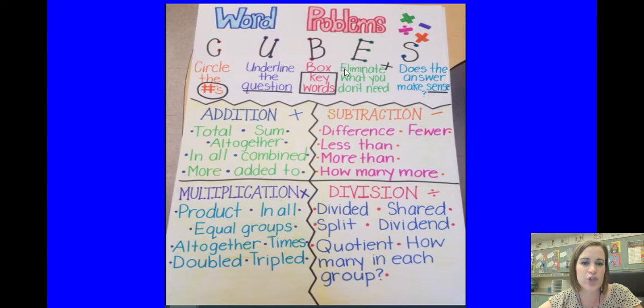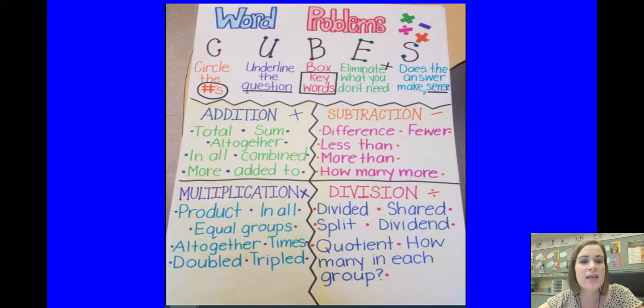Okay, the next letter in CUBES is the E. That stands for eliminate what you don't need, or evaluate your word problem. So what is it that you need to find? If it has other things added that you don't need, then you can cross those out and eliminate them.